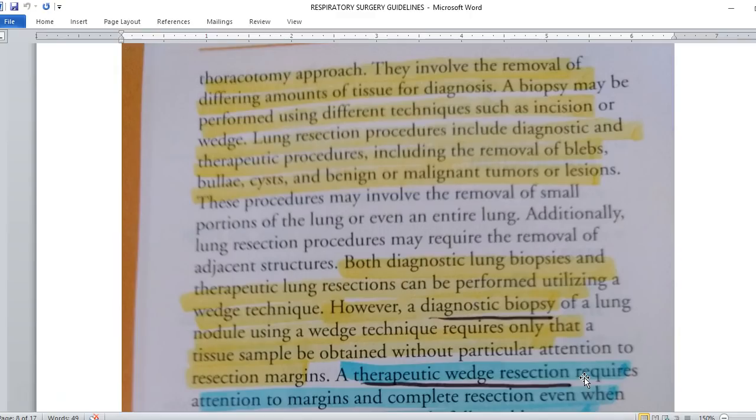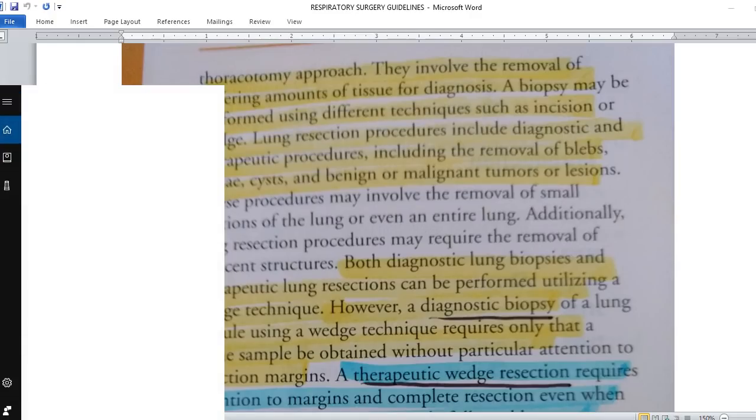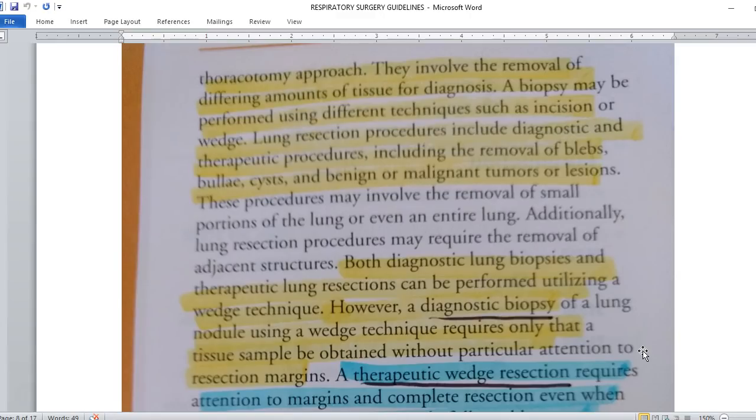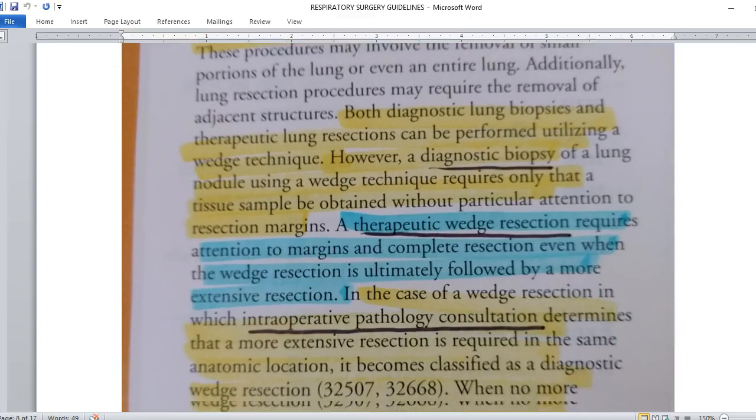Additionally, lung resection procedures may require the removal of adjacent structures. I'm going to bring up my little paint here so I can give you guys an idea of what we're really looking at when they're talking about these. So, okay, it goes on. Additionally, lung resection procedures may require the removal of adjacent structures. Again, structures right next to it.